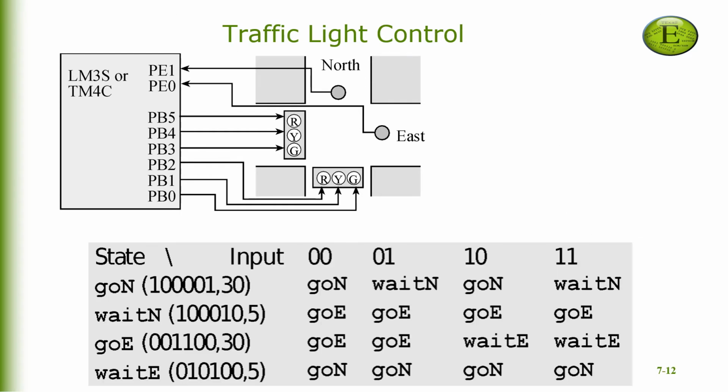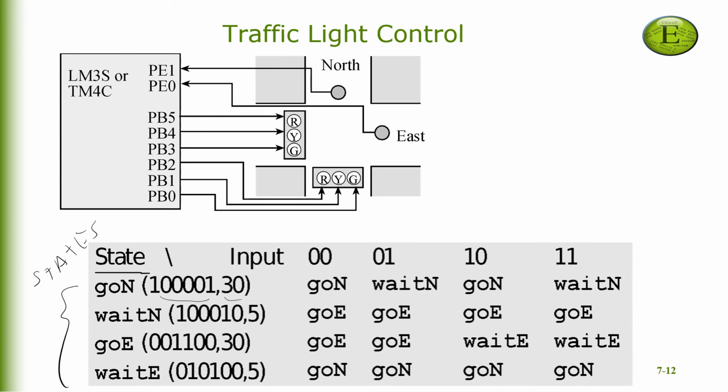We can also represent the finite state machine diagram constructed in the previous slide in the form of a table. So the table has 4 rows corresponding to the 4 states. These are the 4 states, and each state is specified by the output and the wait time.